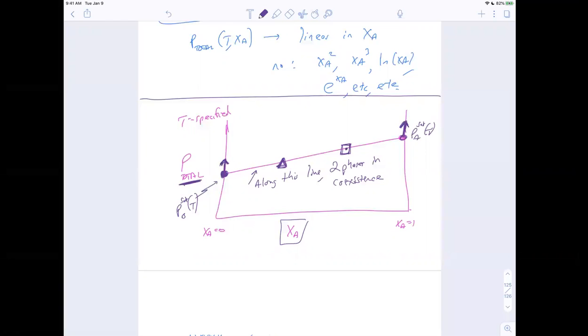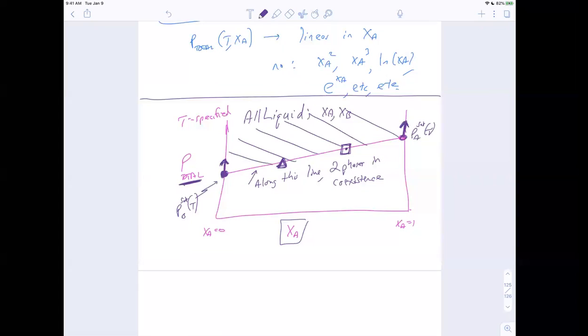So this region above the line represents all liquid, but we have X of A and X of B as our composition. That line represents both liquid and vapor in equilibrium. Anything above that line represents all liquid.